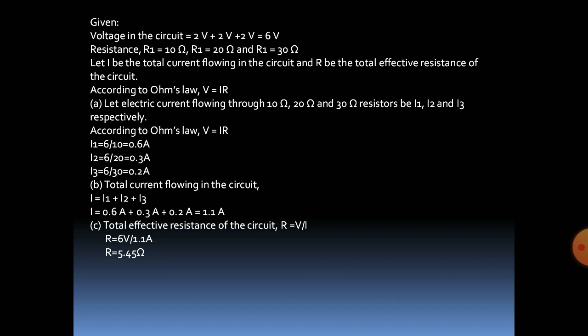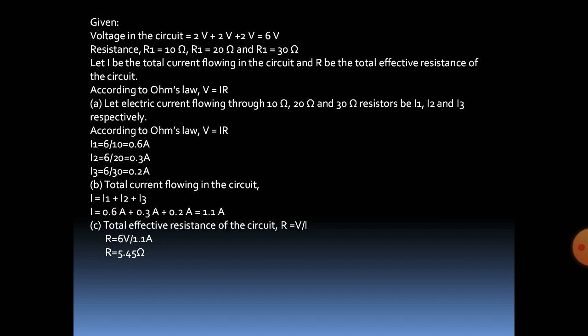You can use the combinations of series and parallel for calculating your current, as discussed here, like voltage in the circuit will be equal to 6 volts. Calculating the resistance, R1 is 10 ohm, R2 is 20, and R3 is 30.